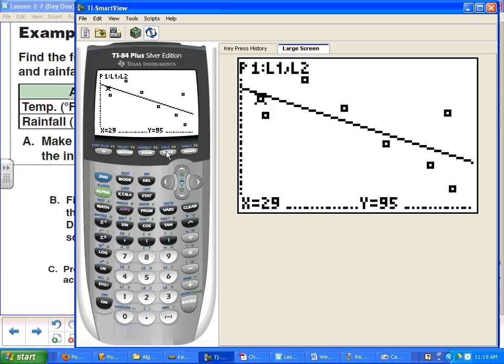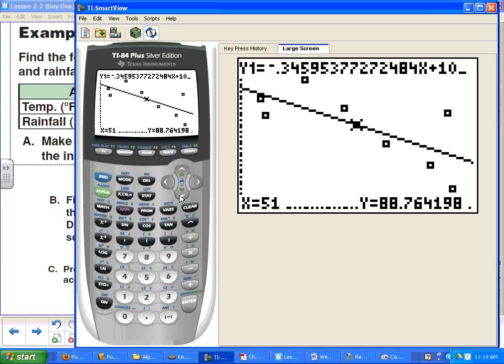Now, first of all, the trace says plot 1 here, right? So we want to get to the line. So I'm on the line here. I want to find when the line is as close to 86 as I can get. So I want y to go to 86.